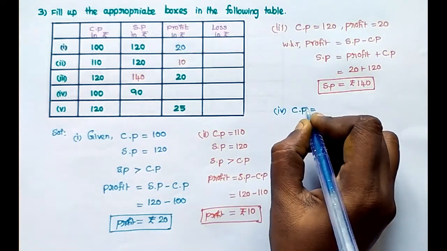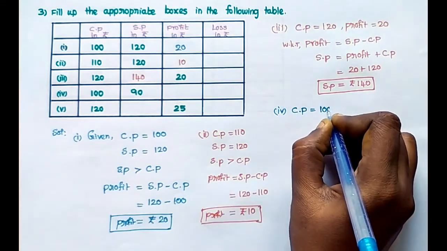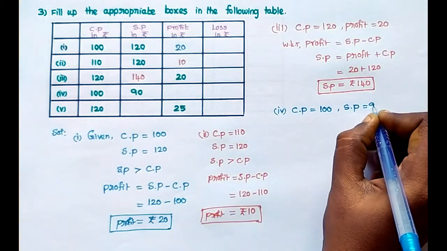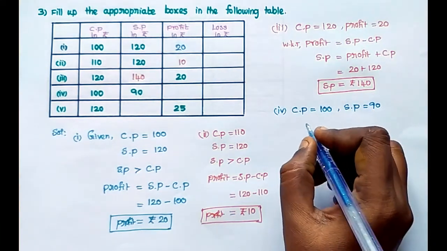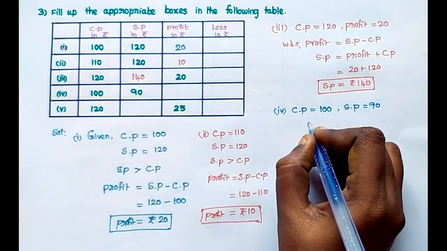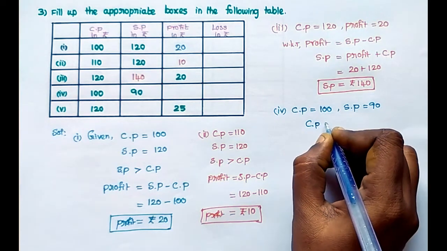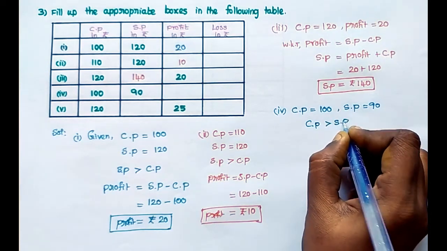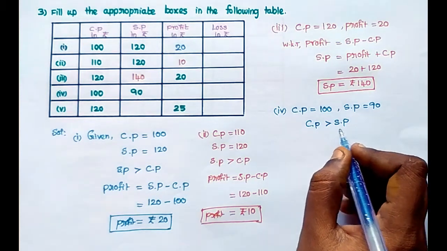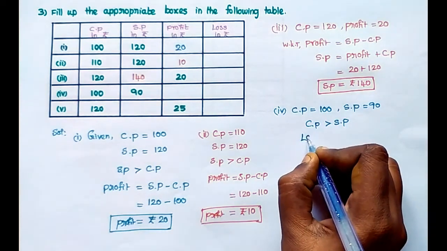cost price they have given how much? 100 and selling price 90. Here selling price is less than cost price. That means cost price is greater than selling price. Cost price is greater than selling price means that is loss.